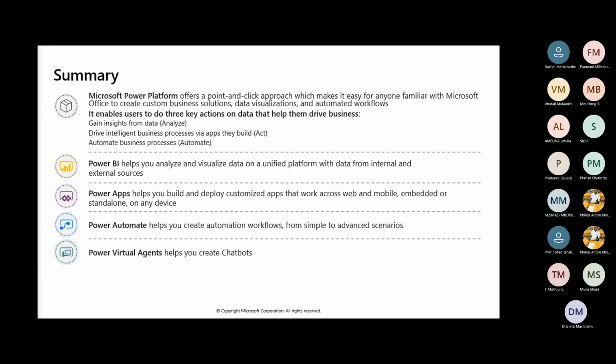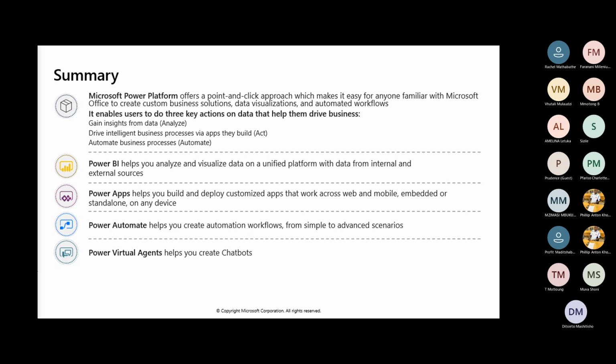Okay, and then that's the end of lesson number 2. We've looked at Microsoft Power Platform, which offers a point and click approach, and which makes it easy for anyone familiar with Microsoft Office to create custom business solutions, data visualization, and automated workflows.